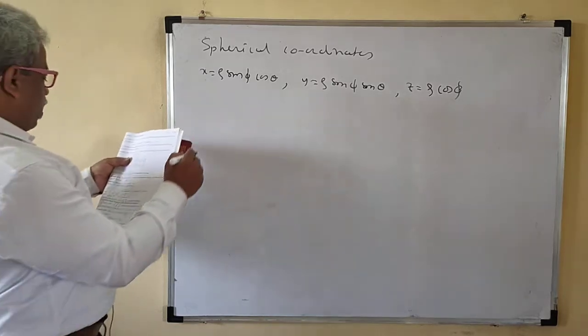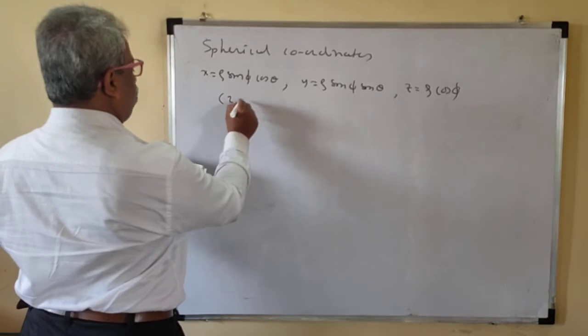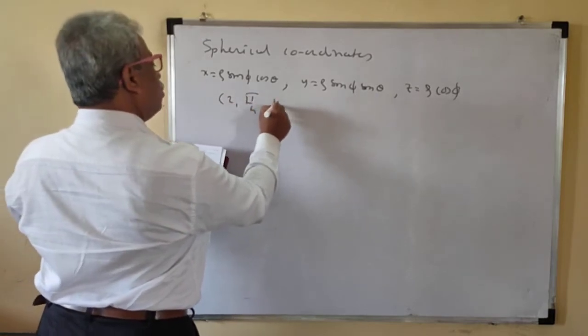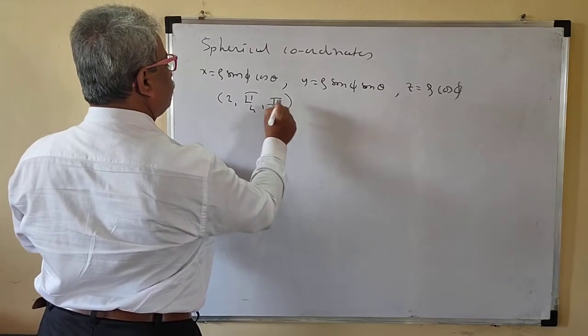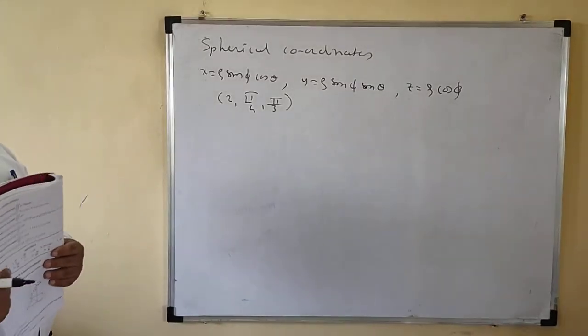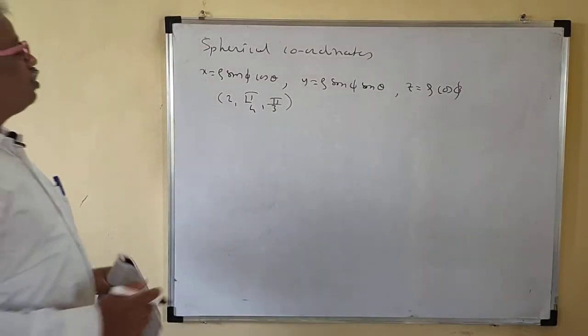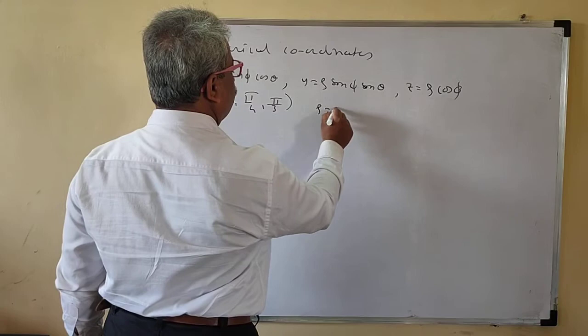Remember this, these are the spherical coordinates. Now suppose we have this point in spherical coordinates, and you want to find the Cartesian coordinates. Here your rho is 2.